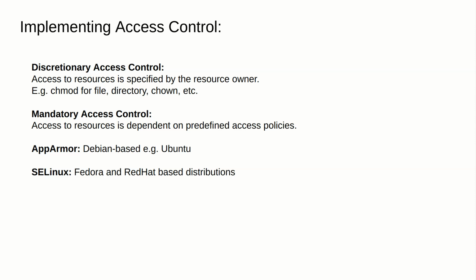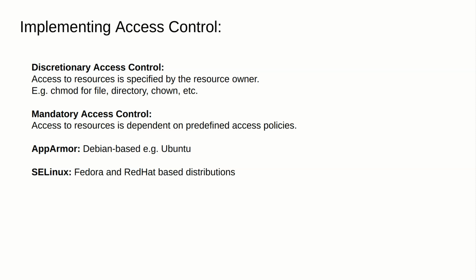Mandatory access controls are where we create a profile, and the profile is enforced while a particular container or image is running. Generally there are two mandatory access controls, which are AppArmor and SELinux. AppArmor is generally used for Debian images, and SELinux is mostly for Red Hat and Fedora.